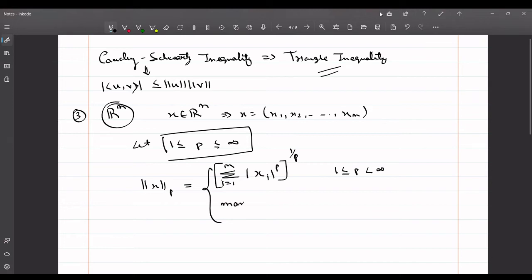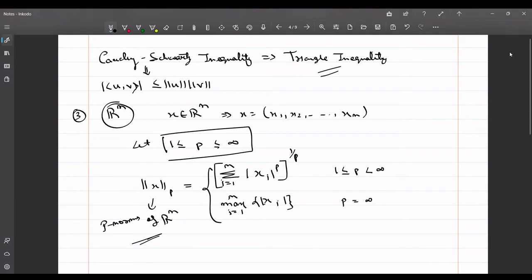If p is infinite, we take the maximum over i from 1 to n of the modulus of the xi's. This is what we call the p norm on Rn. Clear?